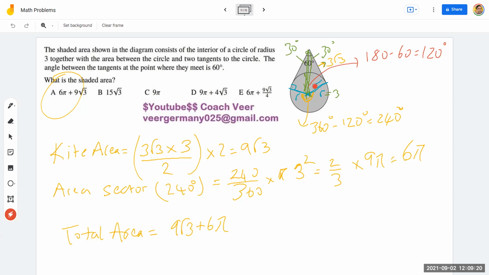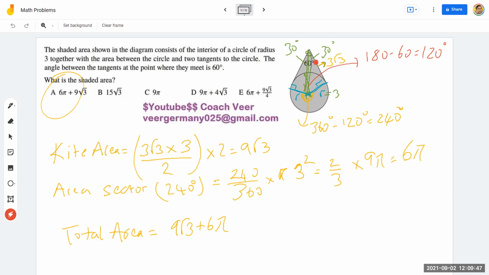Now what I'm going to do is calculate the area of this kite plus the area of this part, because these two together are easier to calculate as a kite. If we divide the kite into two parts, you see that there are two equal triangles. If I find the area of one triangle and multiply by 2, we will get the area of the kite.